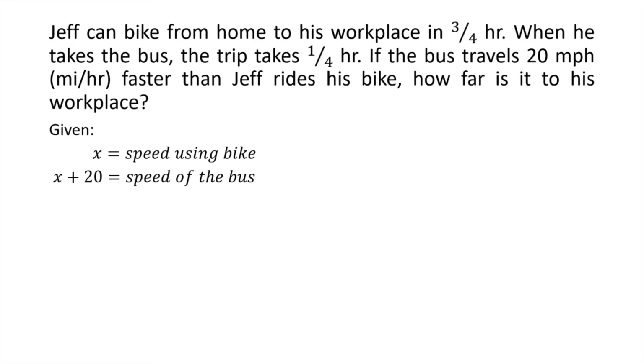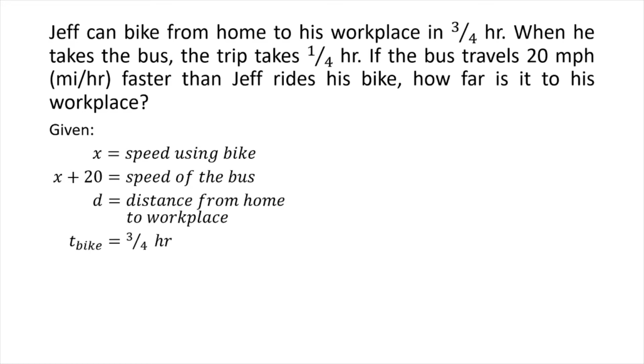And then let's define also the distance from his home to his workplace. Let's call that d. Then we have the time if he uses his bike and if he takes the bus. Then we are asked to find d, which is the distance from his home to his workplace. So let's solve. Regardless if he takes the bus or he rides his bike, the distance is the same.